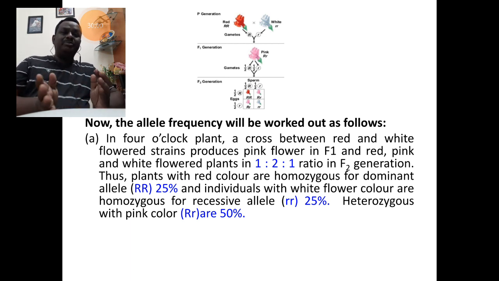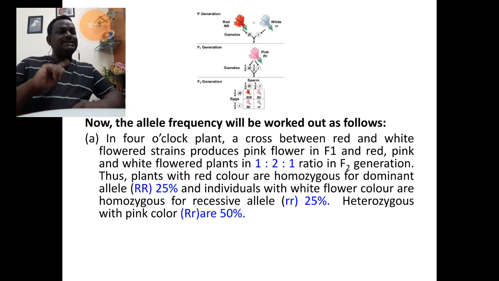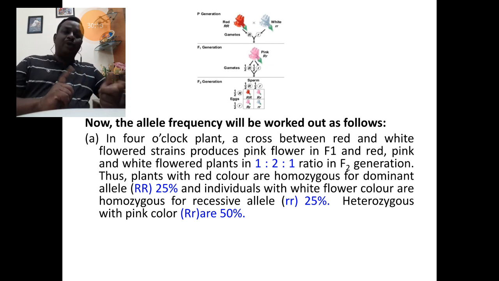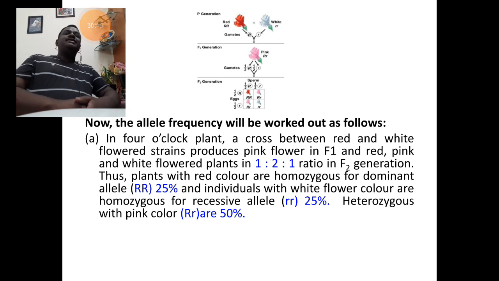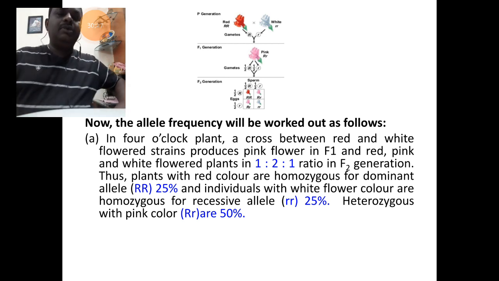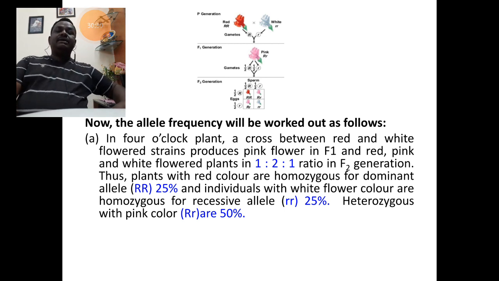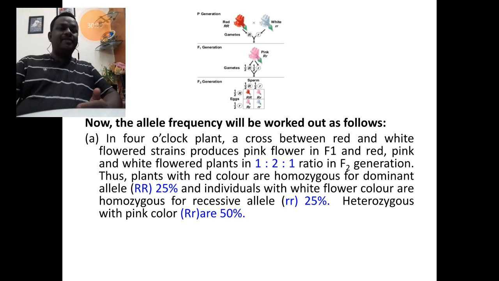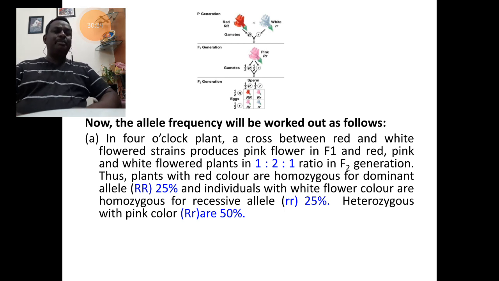When two F1 hybrids, that is two pink color flowers, are crossed, we find the F2 generation showing the ratio of 1:2:1, where one is red, the other is white, and the middle two refer to the heterozygous pink color. Simply, if there are 100 flowers, 25 flowers are red, 25 flowers are white, and the remaining 50 flowers are pink.